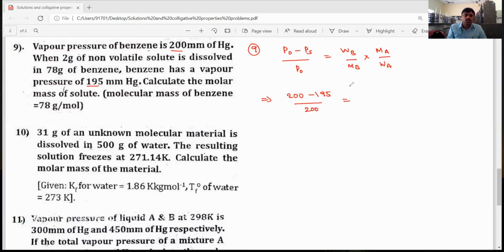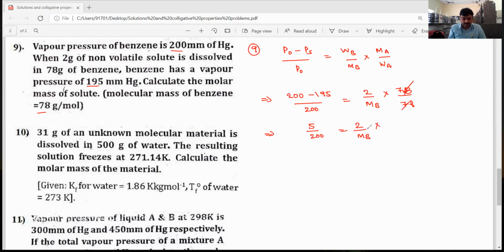So 200 minus 195 divided by 200 is equal to the weight of solute, 2 grams of non-volatile solute, so 2 by MB, into MA, the gram molecular weight of solvent. The solvent is benzene, its gram molecular weight is 78, divided by the weight of benzene present, which is 78 grams. So now we need to find MB. 200 minus 195 is nothing but 5, divided by 200, equals 2 by MB into 78.